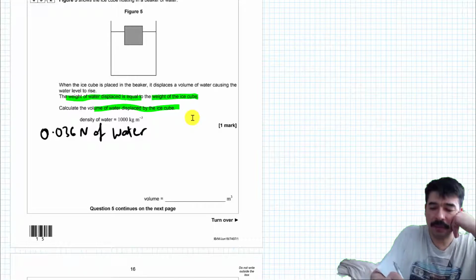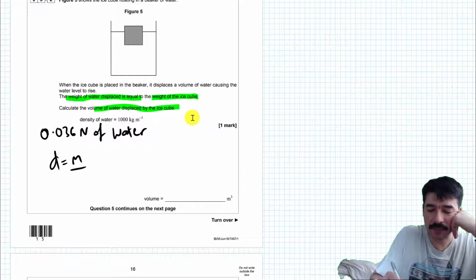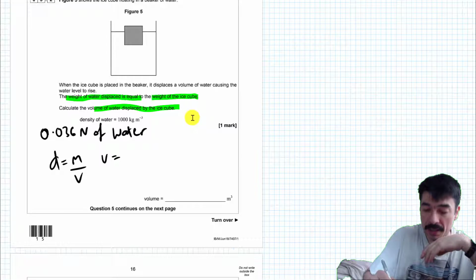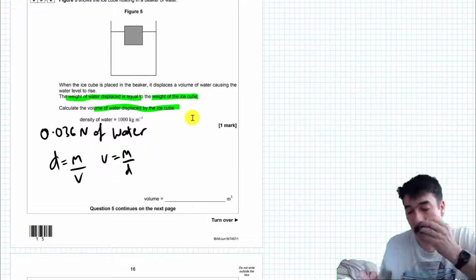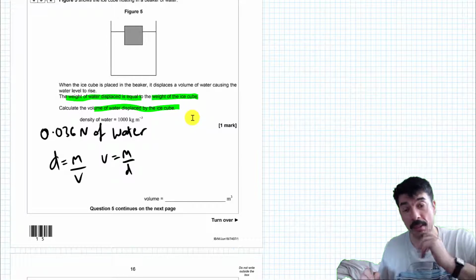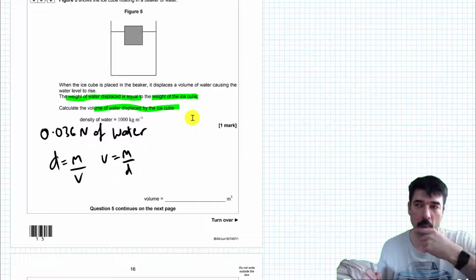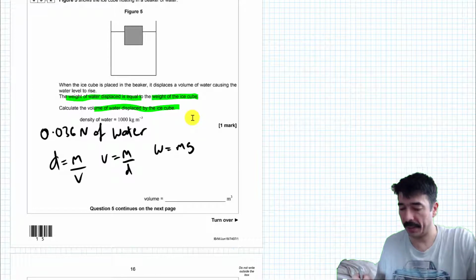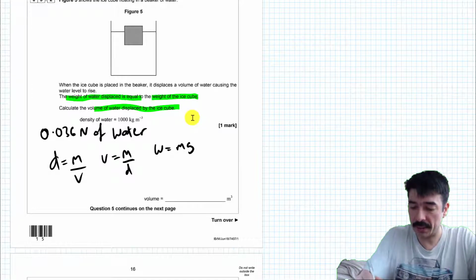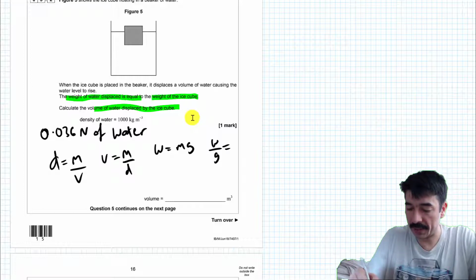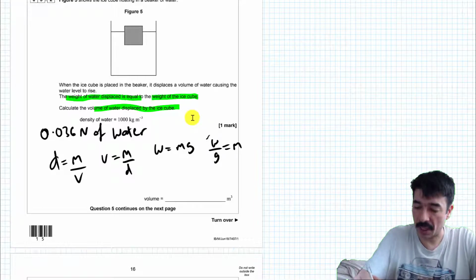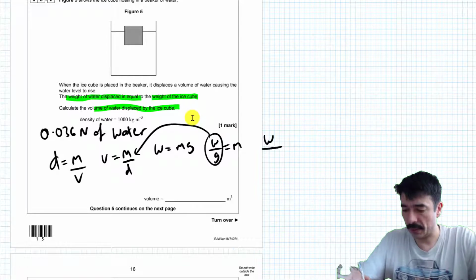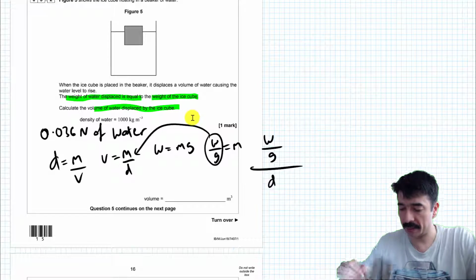So again, going back to the formula, density equals mass divided by volume. So volume will be equal to mass divided by density. But I've got the weight, not the mass. So I need to go back and get the mass. Weight equals mass times gravity, the other formula. So if I want mass, I need to do weight divided by gravity. So essentially I'm going to sub this into this. So weight over gravity, divided by density.